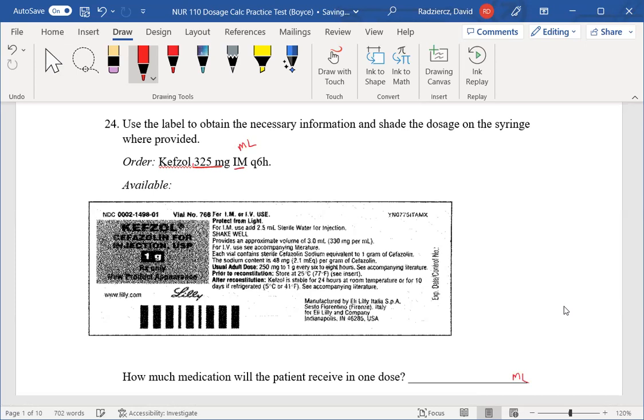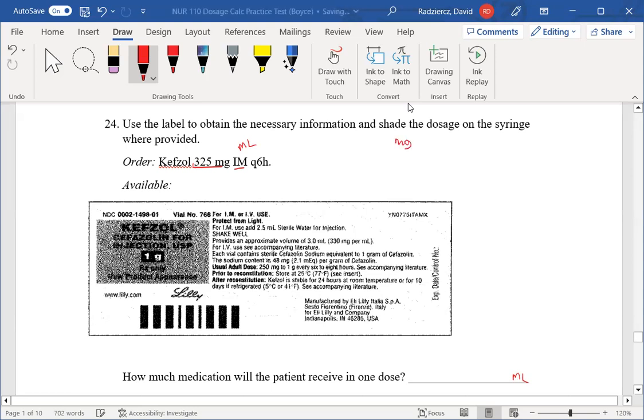Most of the medications that we've had with milliliters have given us something like milligrams per milliliter in the strength of the medication. Your clue that you're dealing with a reconstitution is that it'll say something like 1 gram and doesn't say anything per milliliter.